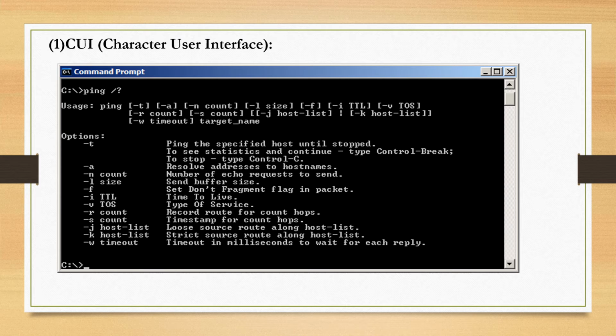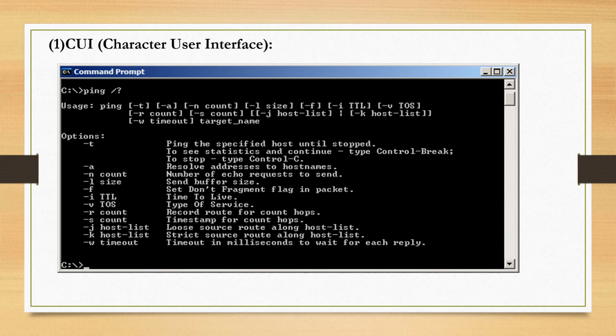It uses text or commands typed through the keyboard to help the user communicate with the computer. In CUI, we have to remember the commands and the grammar of these commands thoroughly. Like we know there is an operating system called DOS, disk operating system.